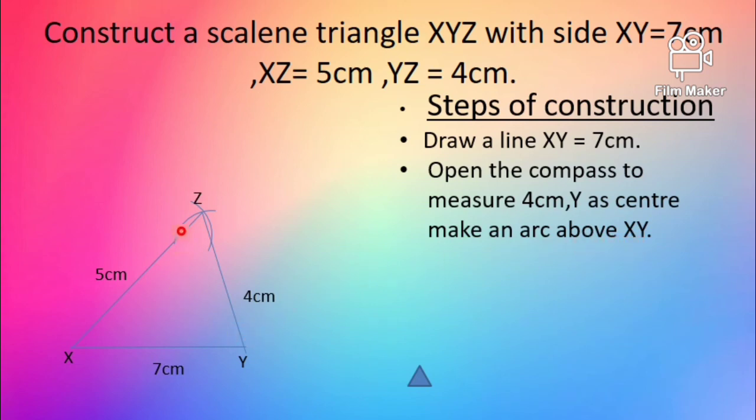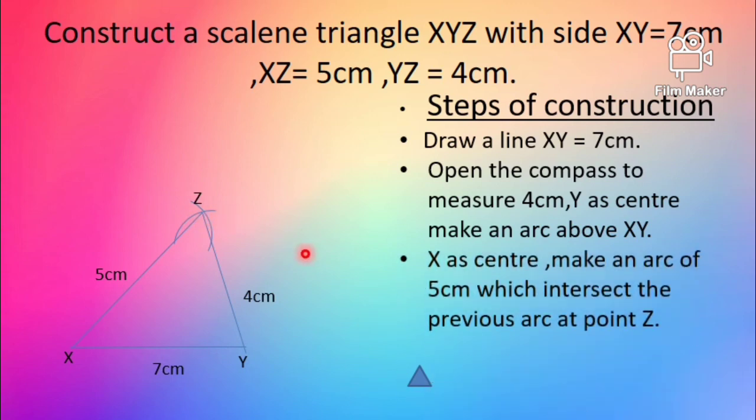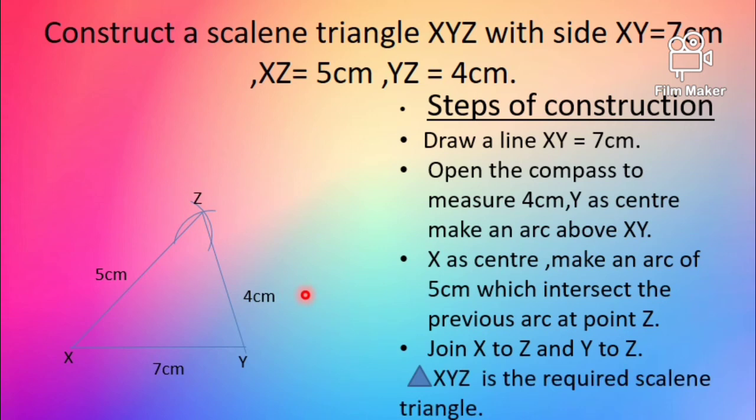Then with X as a center, make an arc of 5 centimeter which intersects the previous arc at point Z. Then join X to Z and Y to Z, and we will get triangle XYZ, which is the required scalene triangle.